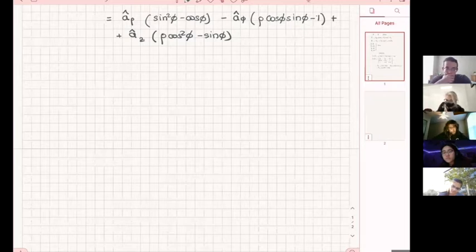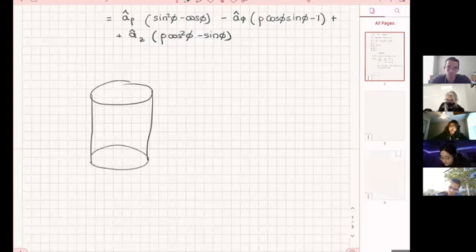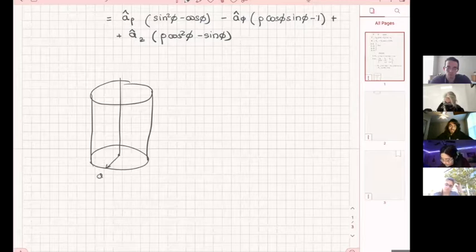But when I go into a cylindrical system, which looks like this, the coordinate system has the R direction, the phi direction, and the Z direction.